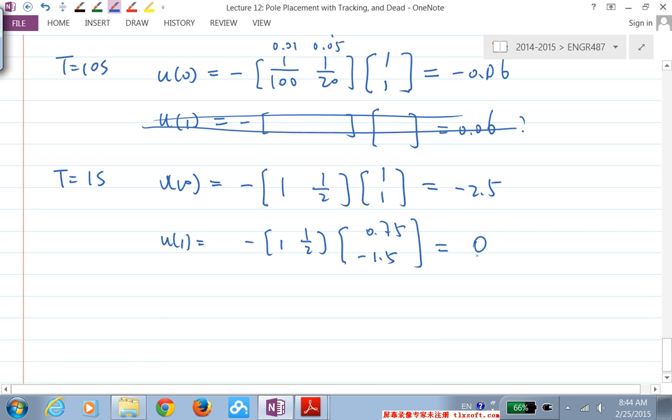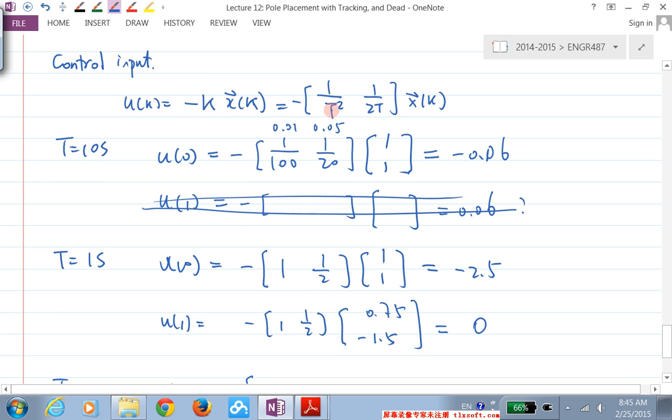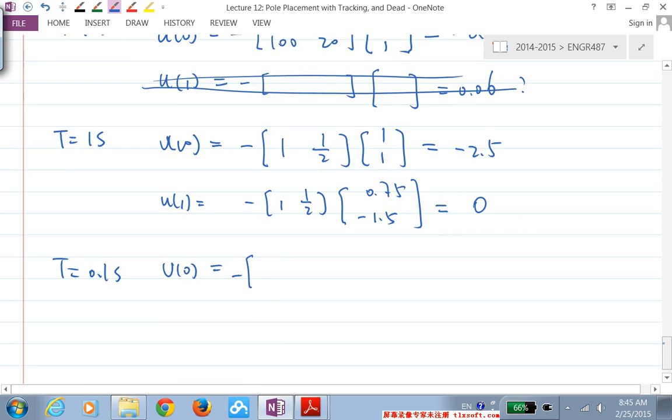Yeah. So how about t equal to 0.1 seconds? What about the u of 0? You plug in t equal to 0.1. So this is 1 over 0.01, 1 over 0.2. Okay, so this is pretty big.